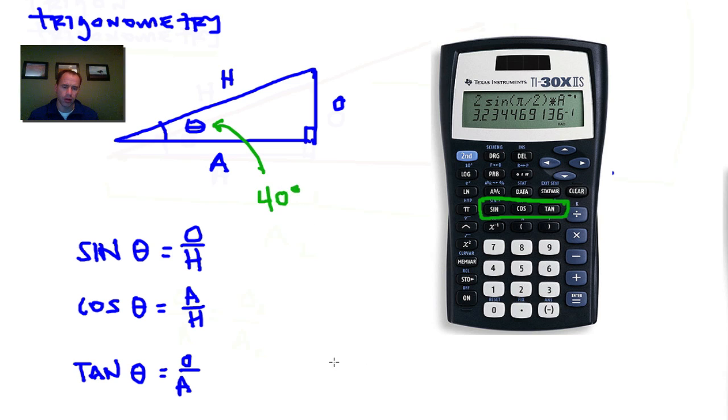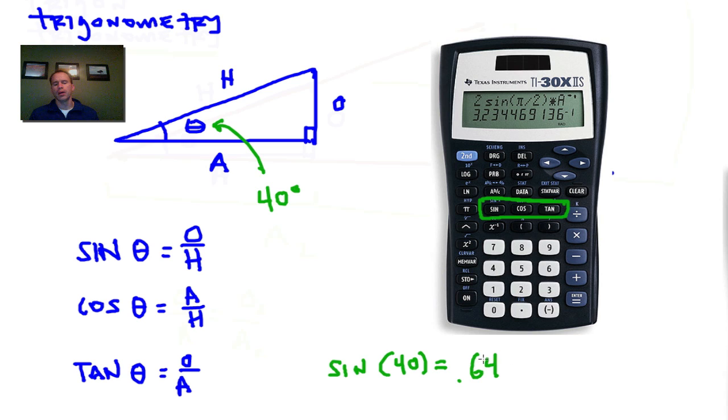So you'd say, all right, the sine of 40, this is what it would look like when you put in your calculator, and then you press equals, and your calculator is going to tell you that the sine of 40 is equal to 0.64 something, and that's it. There's really no units on that.